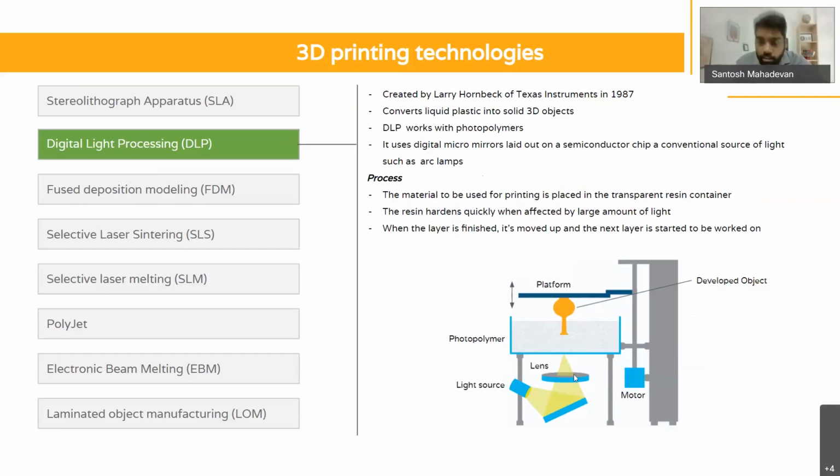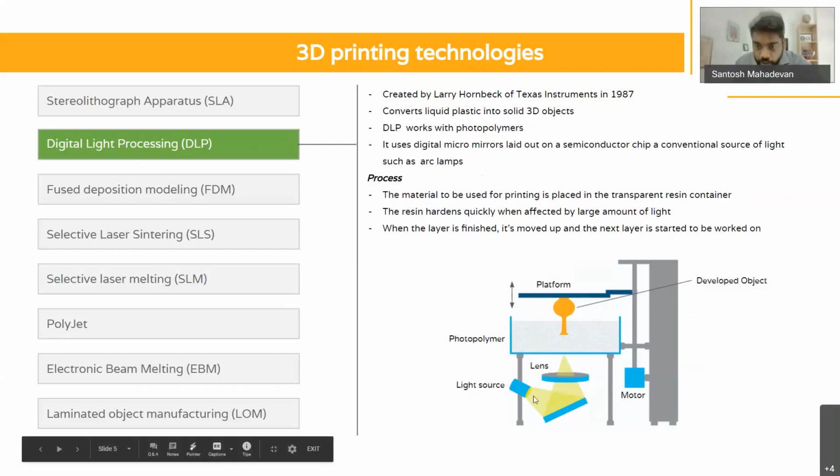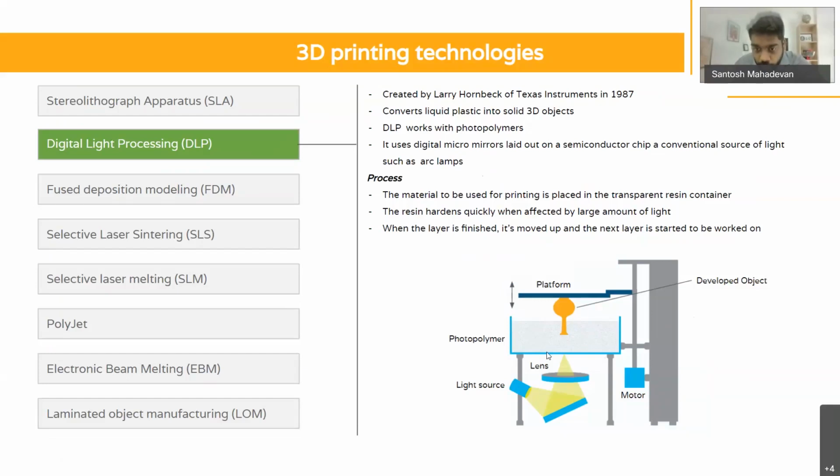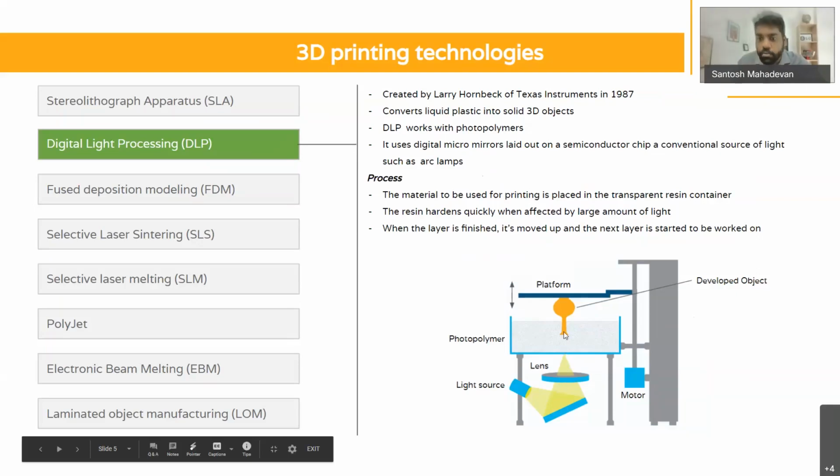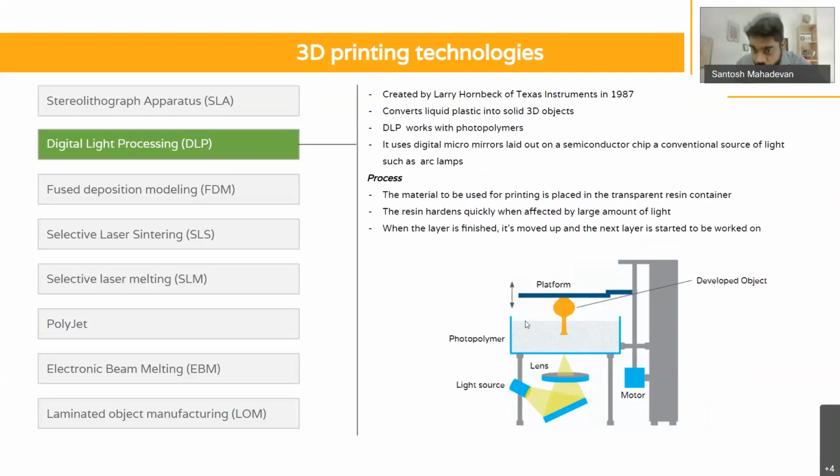Next, you have a light source from the bottom of the vat. The bottom surface is transparent, so that it lets light pass through it. And unlike the previous process where the platform was on top, in this method, the platform is at the bottom. It is over here.